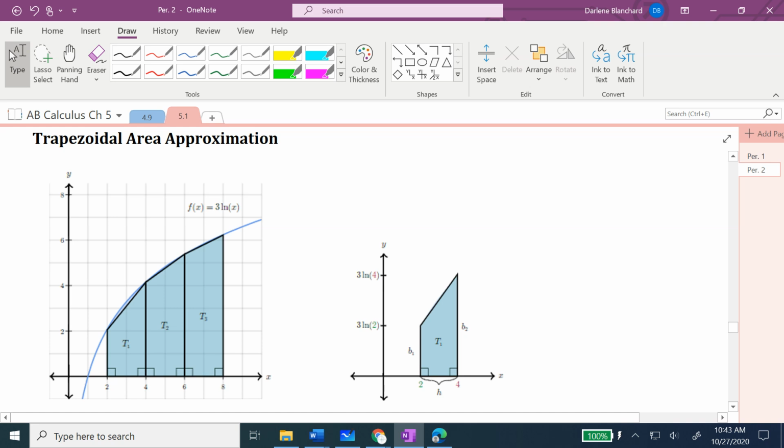Now, make sure you understand that when they say trapezoidal area, what they are doing is they are taking points on the actual graph and they are drawing straight lines between the points. Straight lines. Those straight lines create the non-parallel side of the trapezoid, or it creates one of the pair of non-parallel sides.